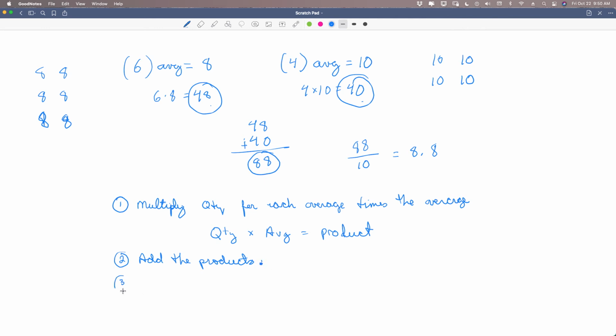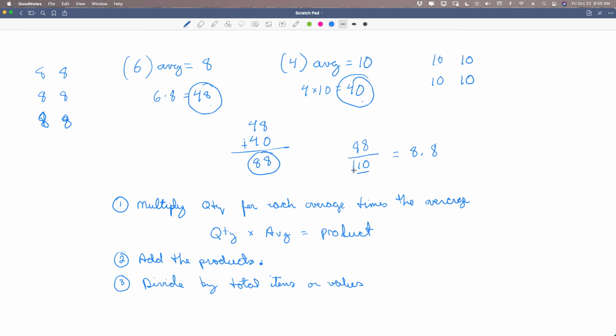Then we divide by total items or numbers. Or values. And in this case, we had 6 over here and 4 over here, which gave us a total of 10.